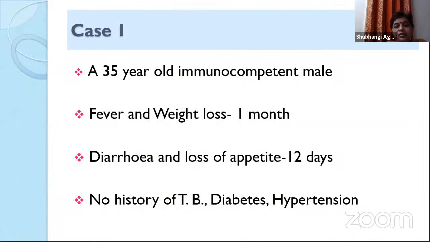Coming to case 1, a 35-year-old immunocompetent male presented with fever and weight loss of 1 month duration. He also had diarrhea and loss of appetite since 12 days. There was no history of tuberculosis, diabetes, or hypertension.